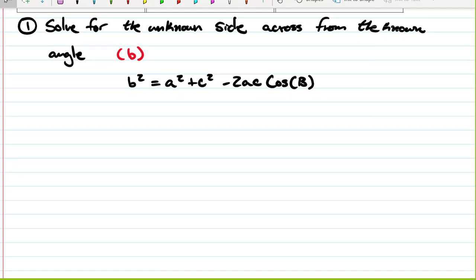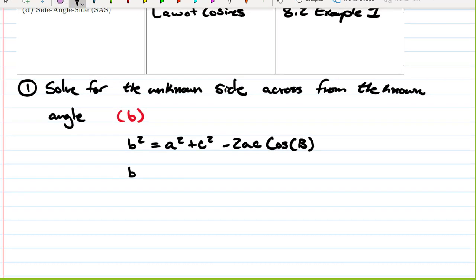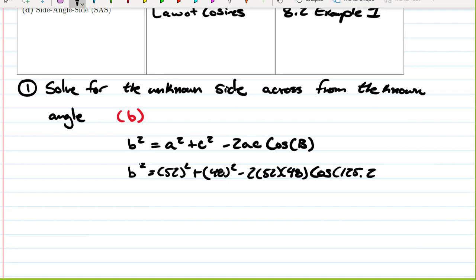All right, so now we put in our information, and we have b squared is equal to a squared, so 52 squared plus c squared, which is 48 squared, minus 2 times 52 times 48 times the cosine of the angle B, which is 125.2 degrees.